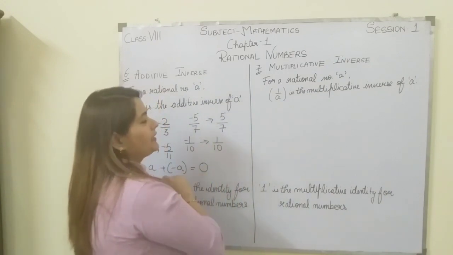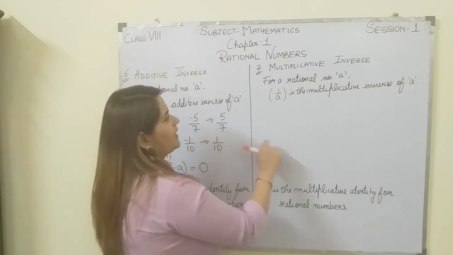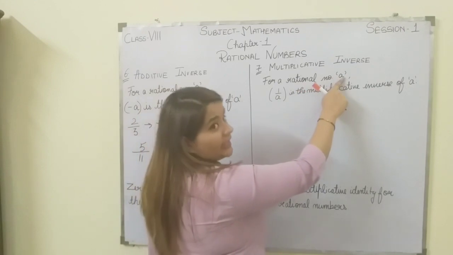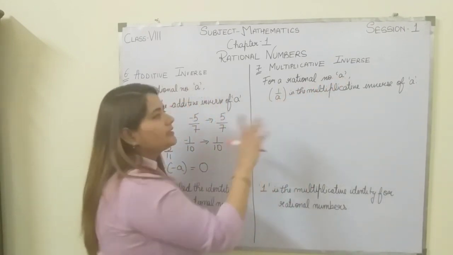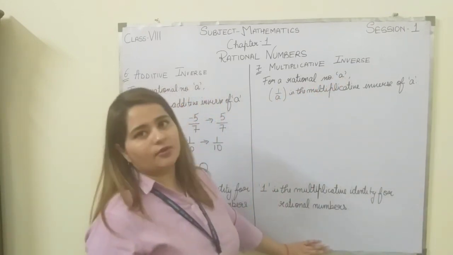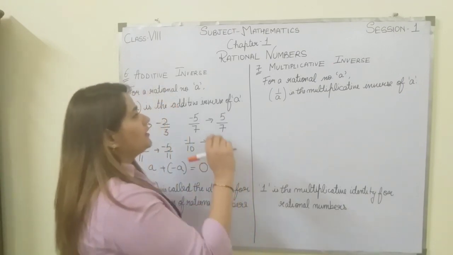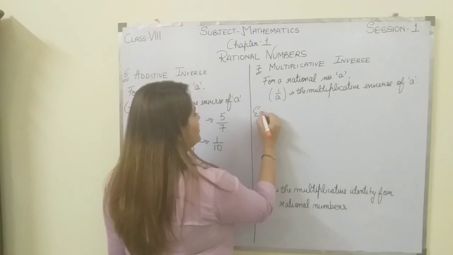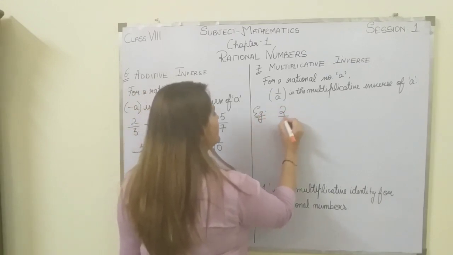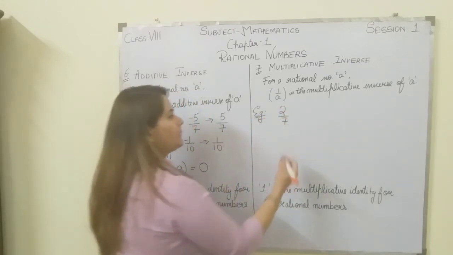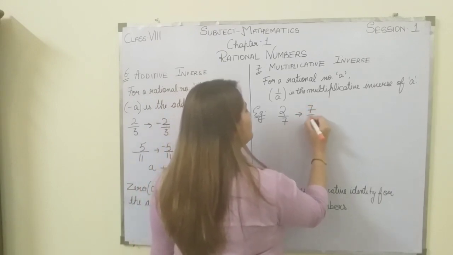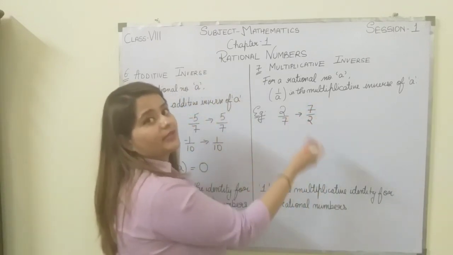In multiplicative inverse, we say that for a rational number A, 1 by A is the multiplicative inverse of A. For example, for 2 by 7, its multiplicative inverse will be 7 by 2. Just its reciprocal.